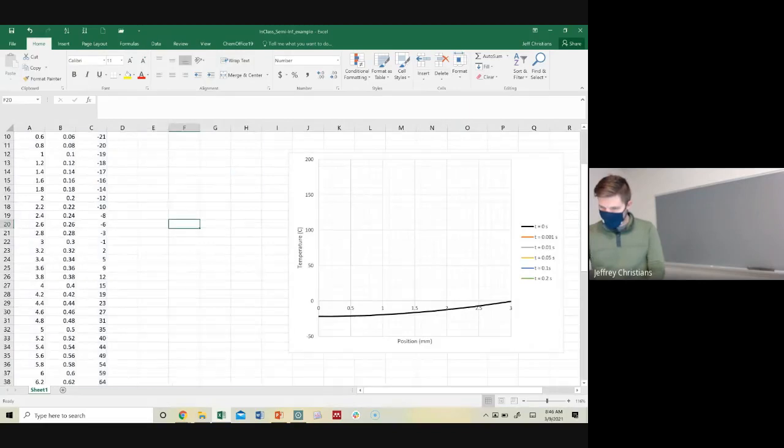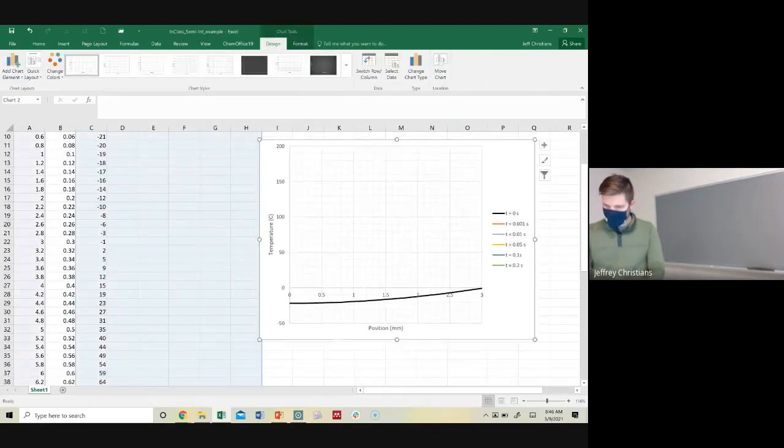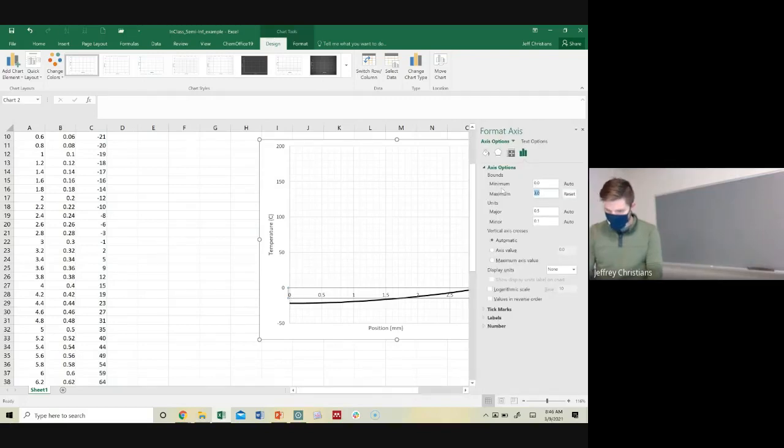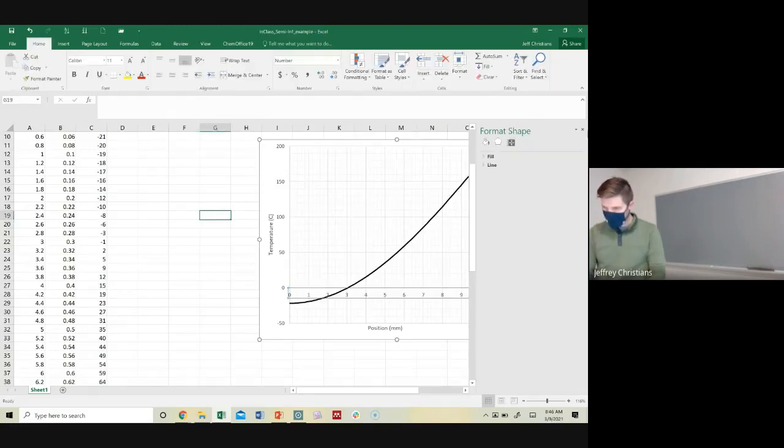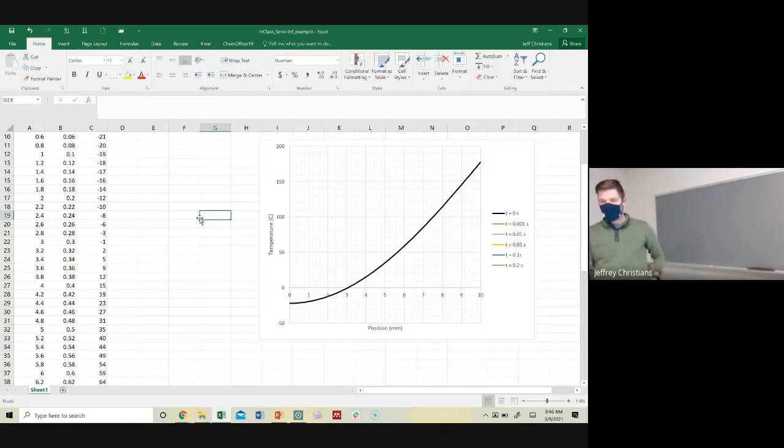So this is our temperature profile. From 0 to 10 millimeters. Okay, so the initial temperature inside the thing should be 25.